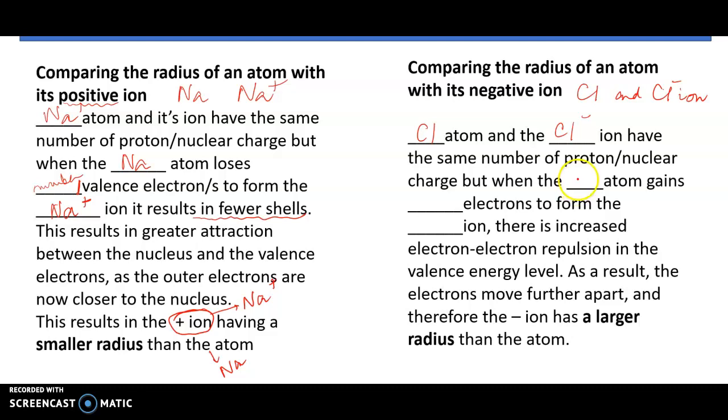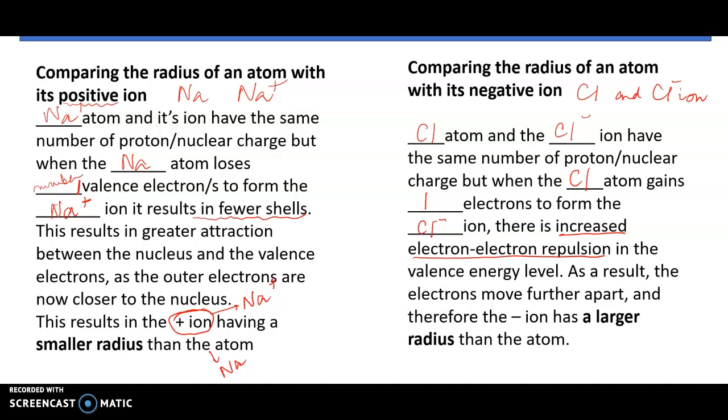same nuclear charge. But when the chlorine atom gains one electron to form the Cl- ion, there is an increased electron-electron repulsion. Why? Because the electron that it gained goes into the energy level where there are already some existing electrons.